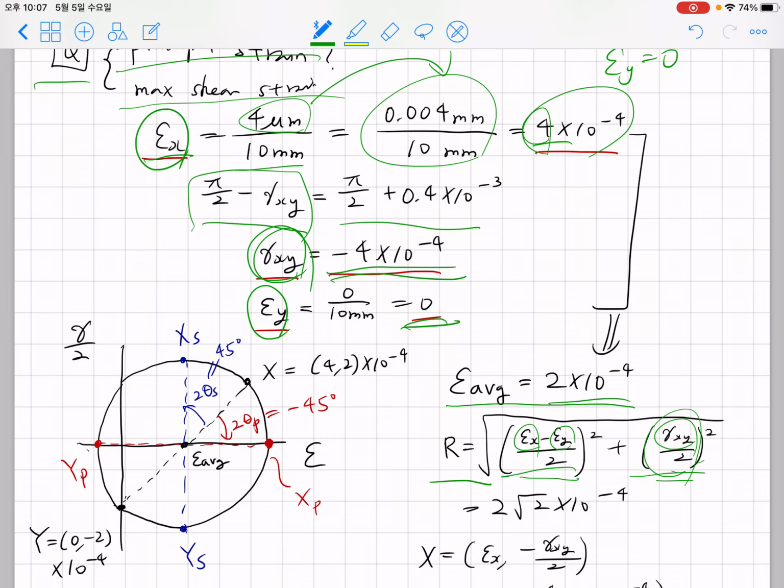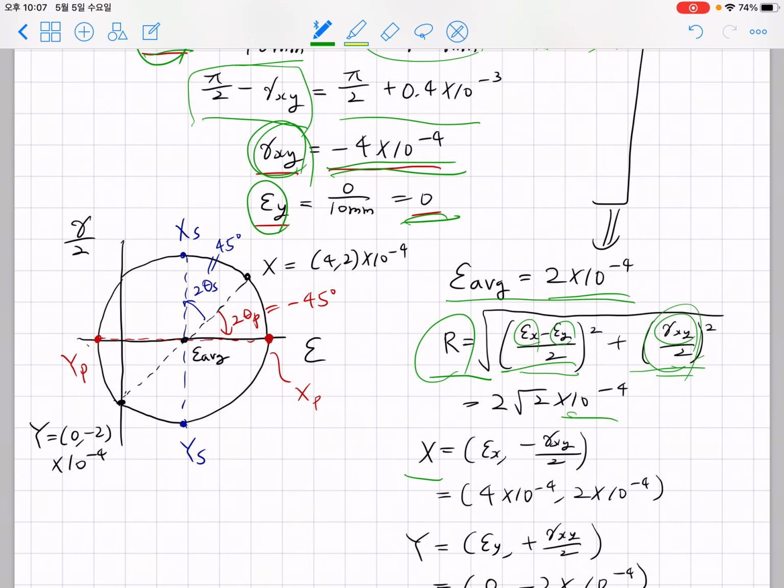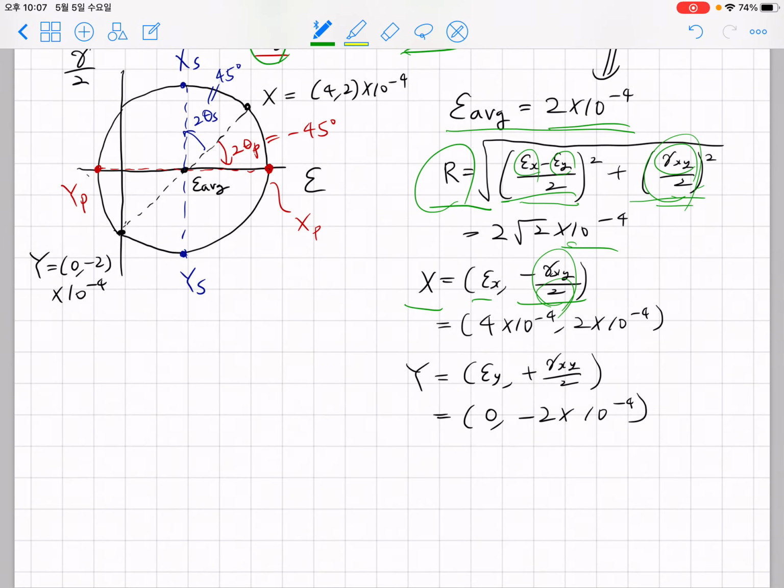The square root of 8 is 2 times square root of 2, multiplied by 10 to the negative 4. That gives us the radius. The location of x is given as epsilon x and minus gamma xy divided by 2. Please be careful about this factor of 2. Other than that, this is similar to the plane stress problem. And for the y position, epsilon y and plus gamma xy divided by 2.